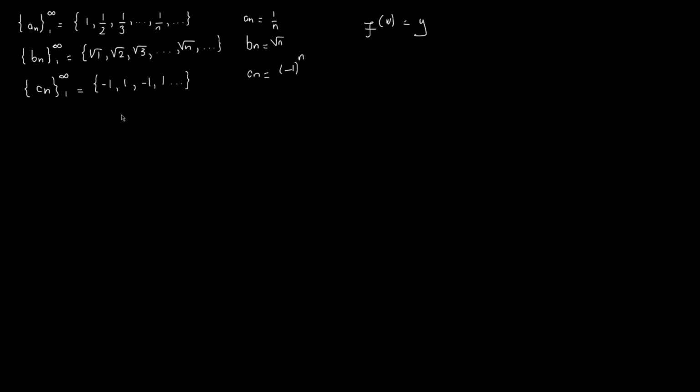So my question is, what happens to these sequences an, bn, and cn as n tends to infinity? Will the sequence go to a certain value, or will it just go towards infinity and never reach a specific point? To answer those questions, I'm going to need to draw the graphs of each of these sample sequences.